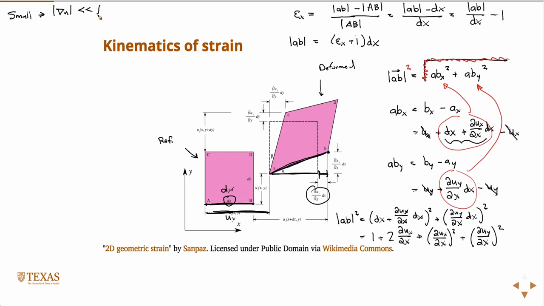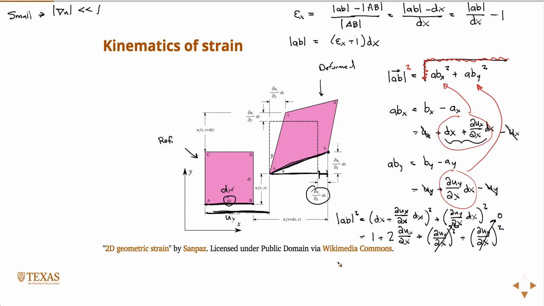So if this is essentially a gradient of u, the gradient of ux with respect to x, then since any gradient of u is going to be small, I have a number that's much less than 1 squared. It's going to be a really tiny number. Same here. So with that, I'm going to ignore these higher order terms. They're going to go to 0.